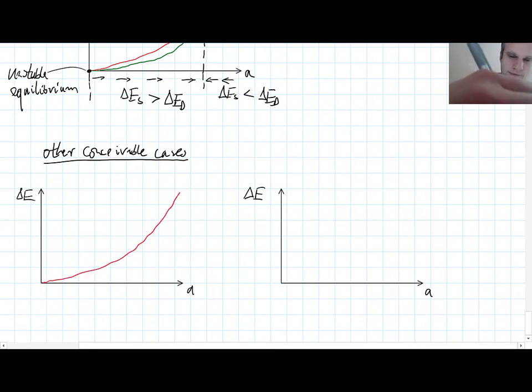Okay, maybe like this. And the dissipated energy looks like this. So first, let's say first it is zero, and then at some point it increases linearly.